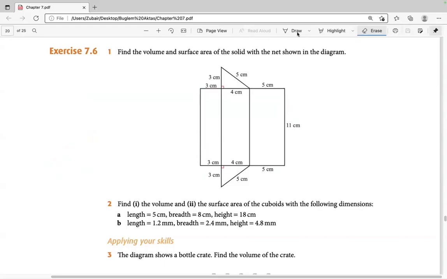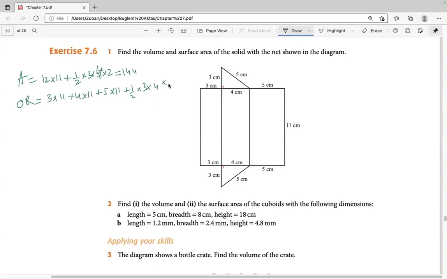Okay. So volume. We find the area of the triangle and we times it by the height. Area of triangle and times height.